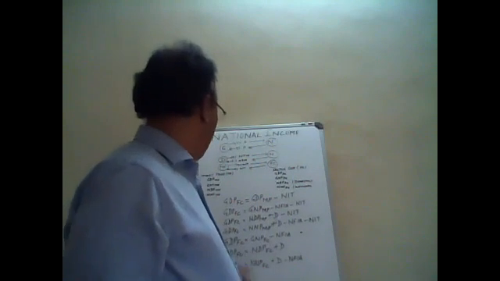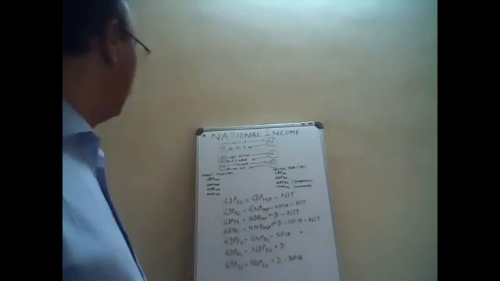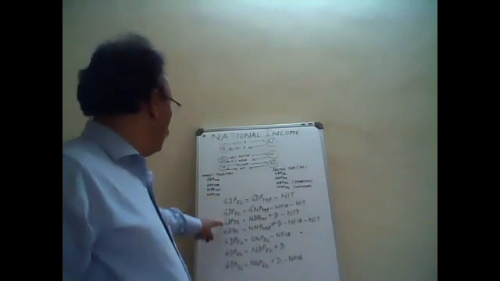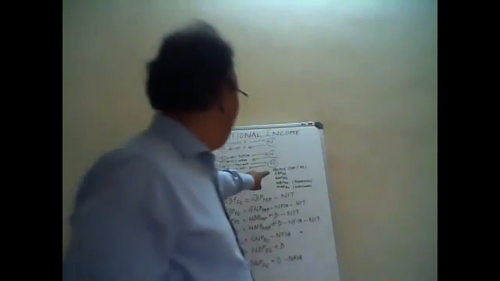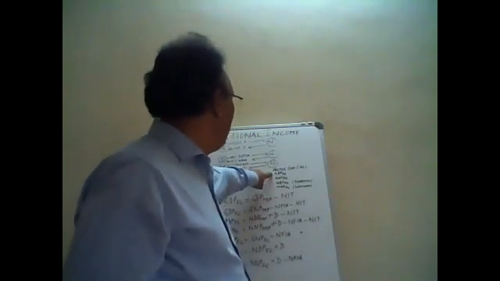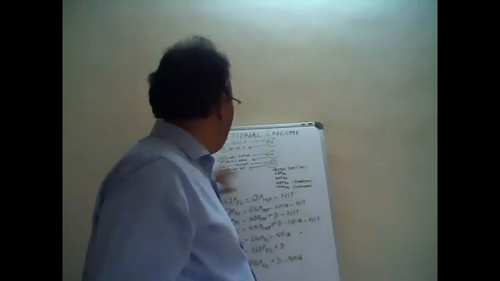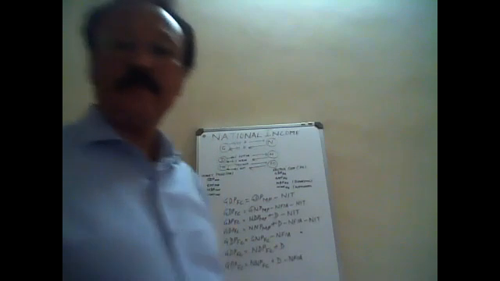The rest is the same, factor cost. 1, 2, 3, 4, 5, 6, 7. Completed. So I have done a full complete set for GDP factor cost, taking 4 from here, 3 from here.